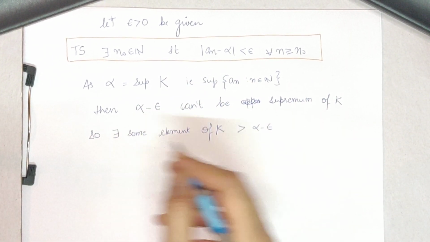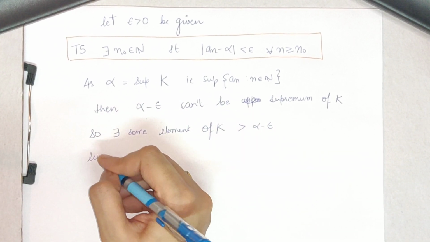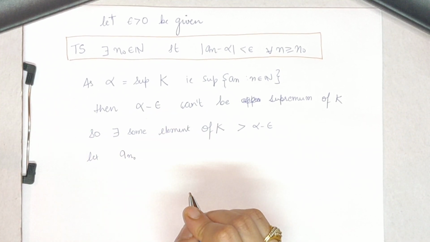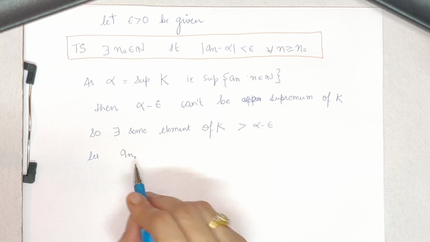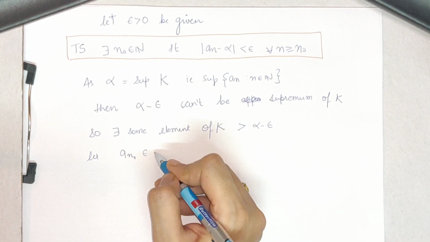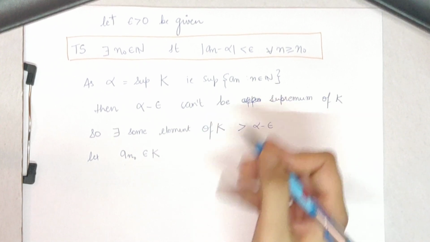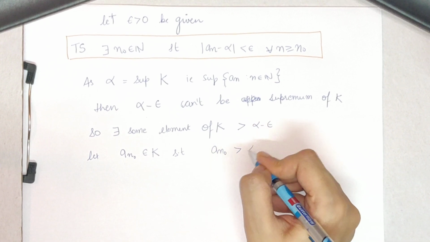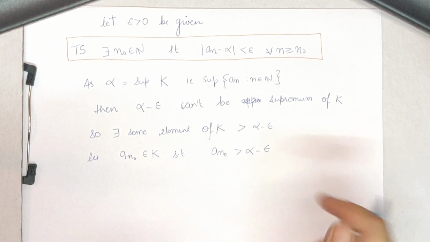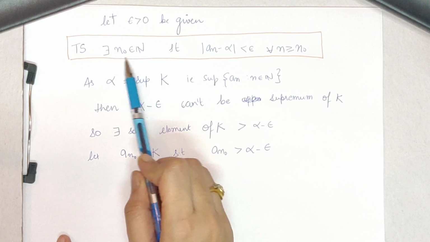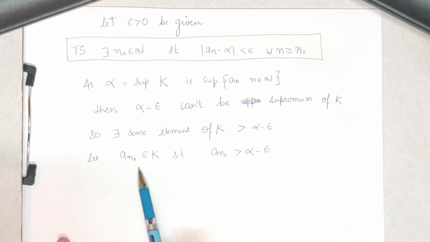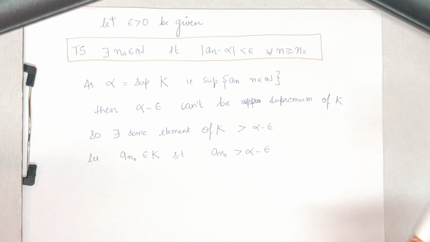Now we call that element an naught. So let an naught belong to K such that this an naught is greater than alpha minus epsilon. Our aim was to show the existence of n naught. Here we have shown the existence of some number n naught. I'll mark this as 1 because I'll be using it later.